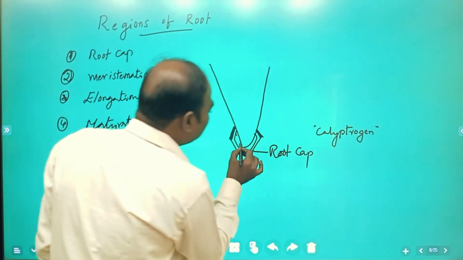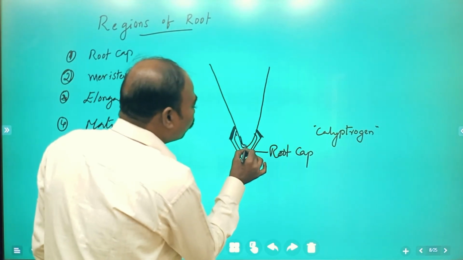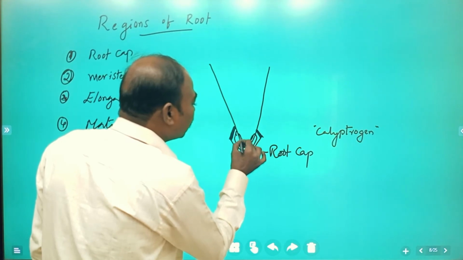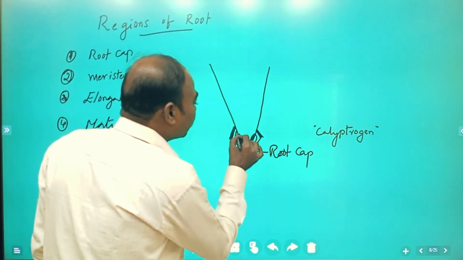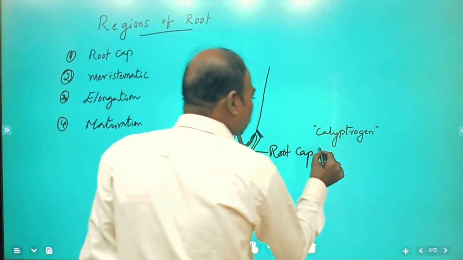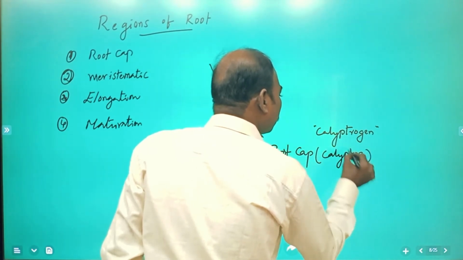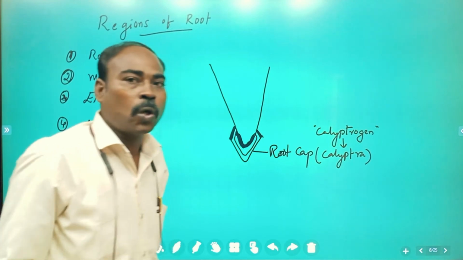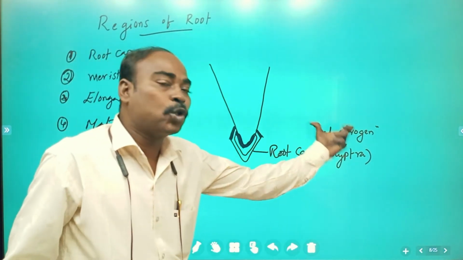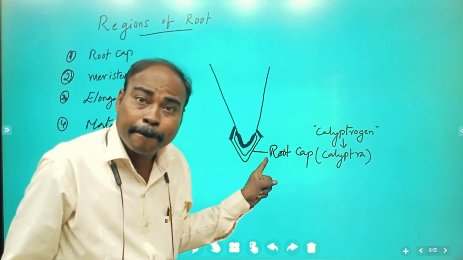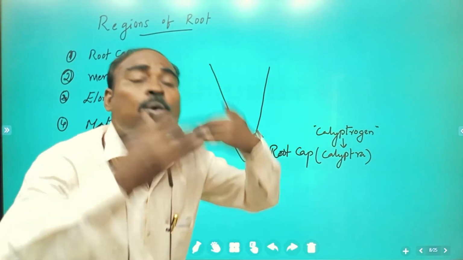The tissue present in the root tips which is responsible for the production of root cap is nothing but calyptrogen. Hence the root cap is otherwise called calyptra. So don't confuse: calyptrogen is a group of cells present in the root tip which gives rise to the root cap.